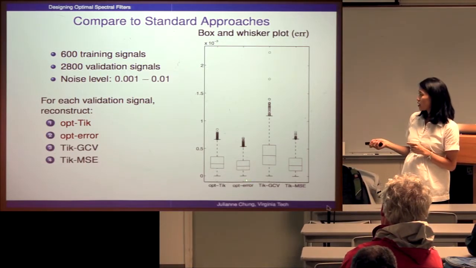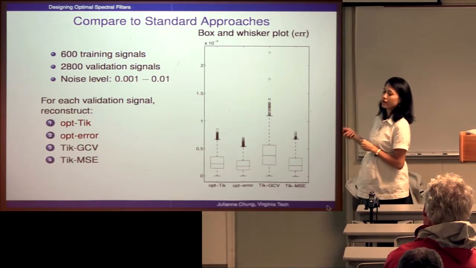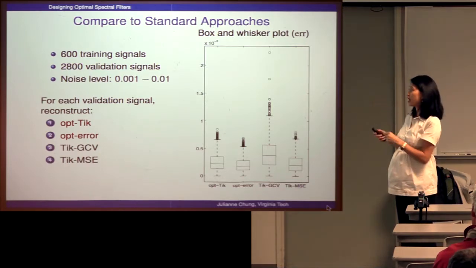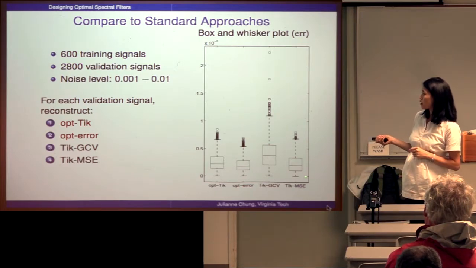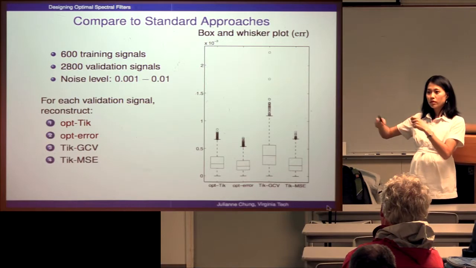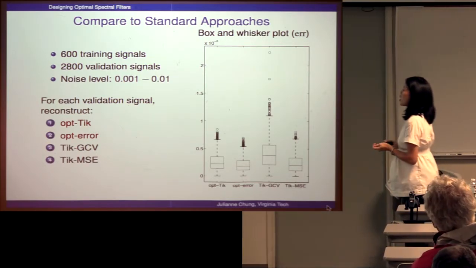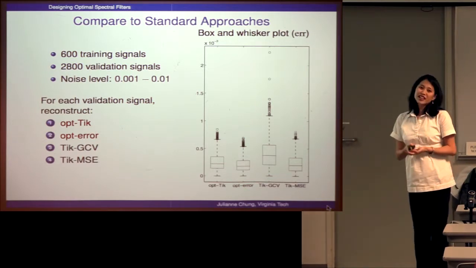This one uses training data but allows n different regularization parameters, so every filter factor can be different. In that case, you can get even better reconstructions than TIC-MSC, because you allow those more degrees of freedom. But you have to be careful, because for the opt error to work, you have to have enough training data.